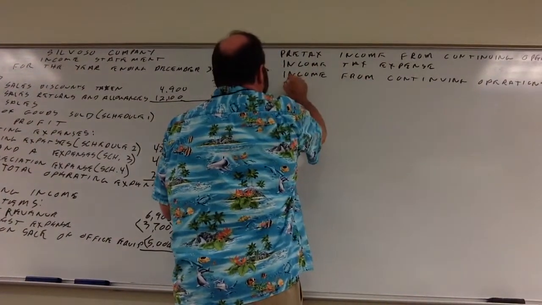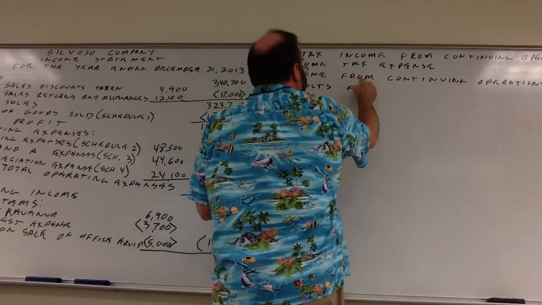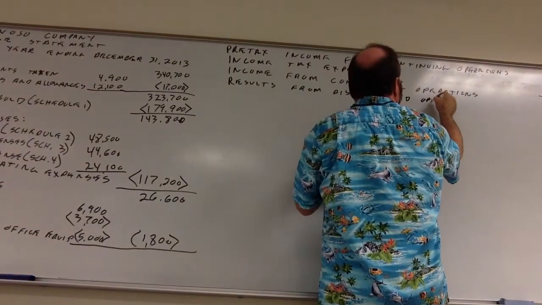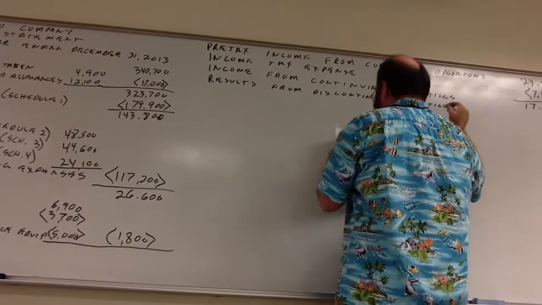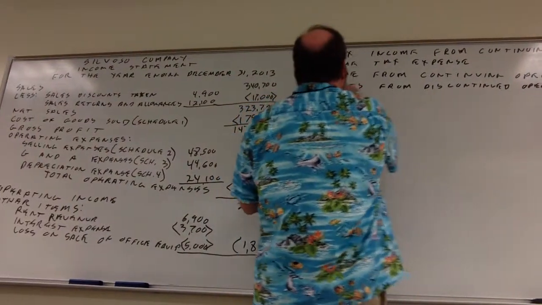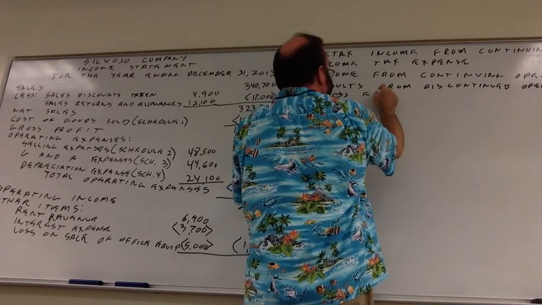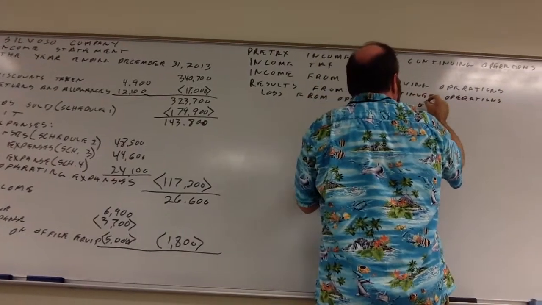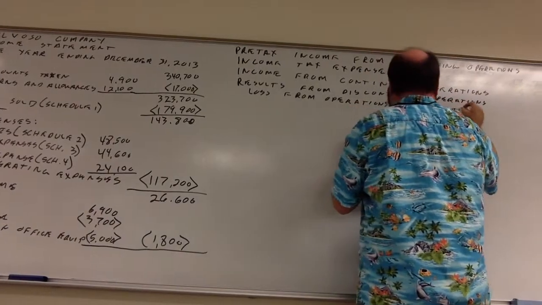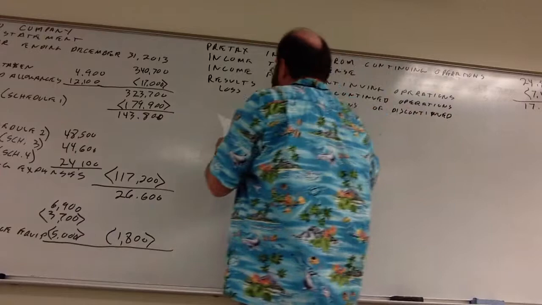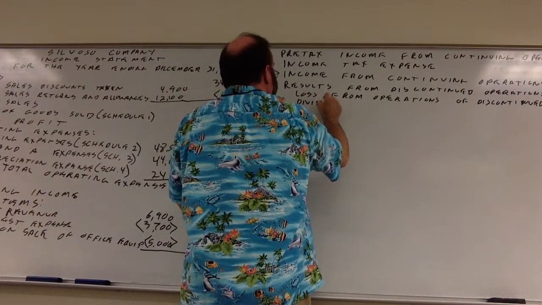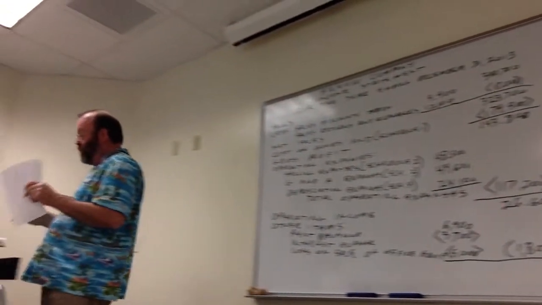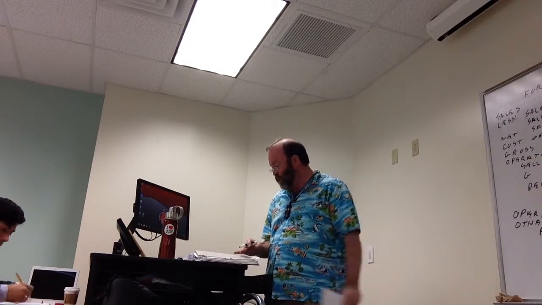So we have results from discontinued operations. We got loss from operations of discontinued Division B. So the loss from operations, this is up until the time that we shut it down or sold it, which we know now that we sold it.